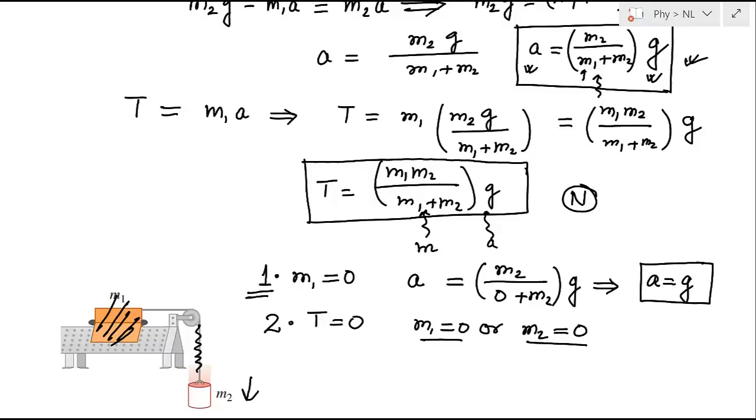In those cases you cannot analyze this system by simply considering a composite system, but you can analyze it by considering the two objects separately and drawing the free body diagram. In fact, there is a method by which you can analyze this system by considering a composite system, but I will not consider that in this session. Somewhere else I will consider that.